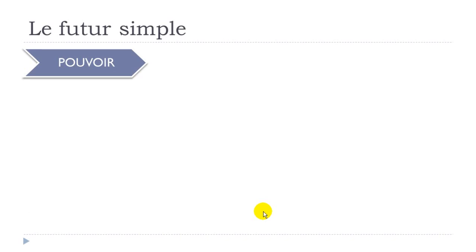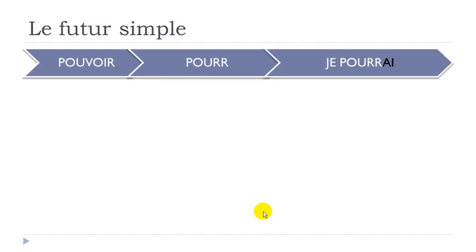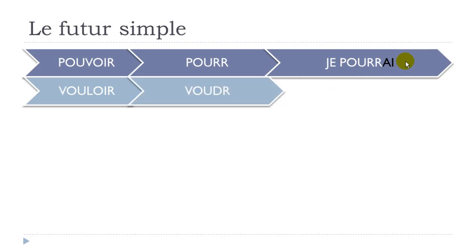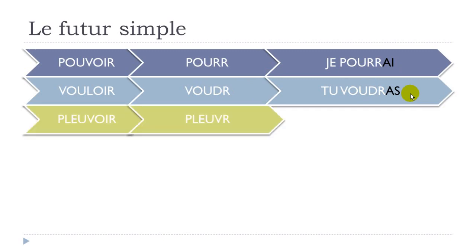Other exceptions, pouvoir will become pourr. Je pourrai. Vouloir, voudr. Tu voudras. Pleuvoir, pleuvr.